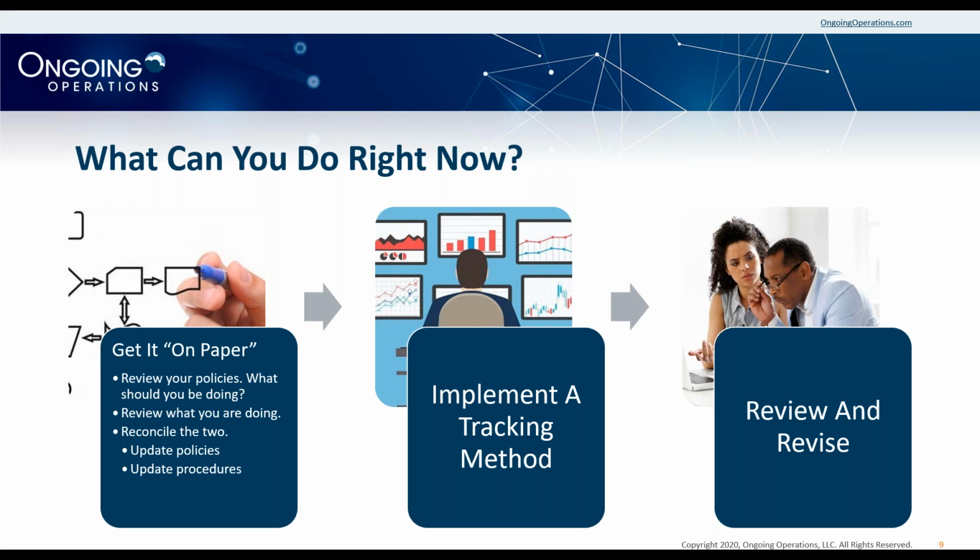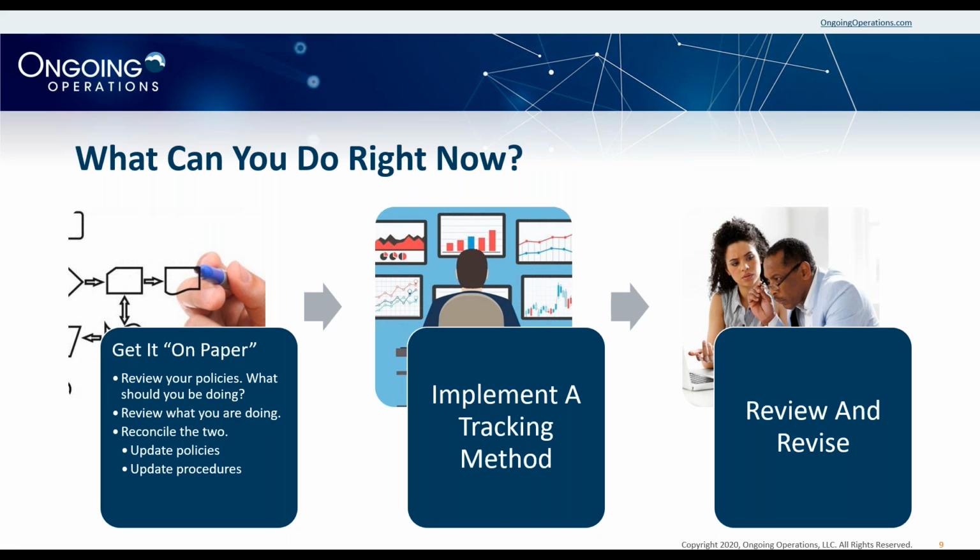Because you may have a lot of processes and procedures that you're doing that actually fulfill those governance items, and it may just not have occurred to you that that's part of the governance plan. So let's record those, right? And then reconcile the two. Update your policies if you need to, if you're not doing things that you should be, or you're doing things that aren't actually recorded in your policies. Update those, and then update your procedures to reflect either what you're really doing or what you need to do.